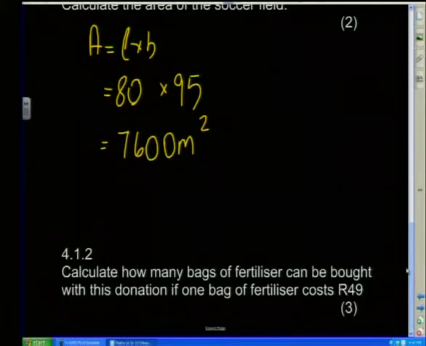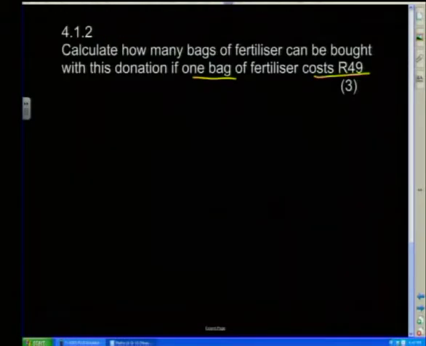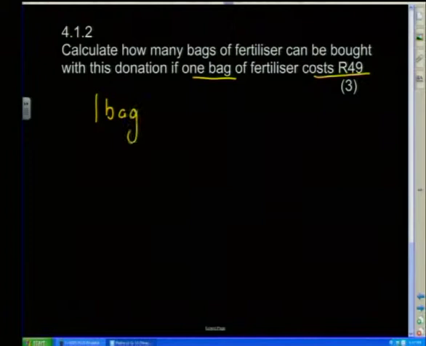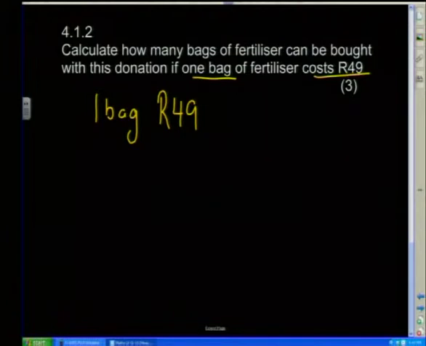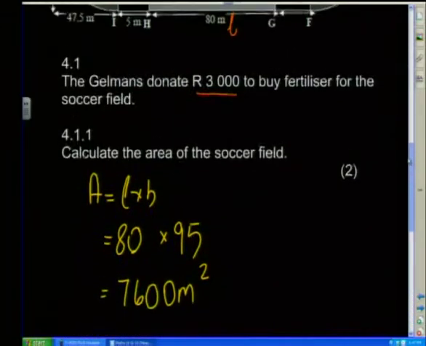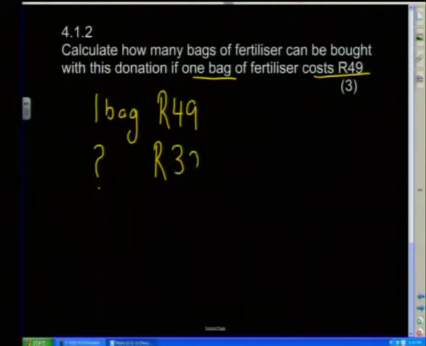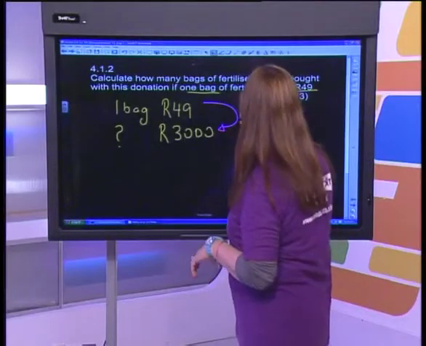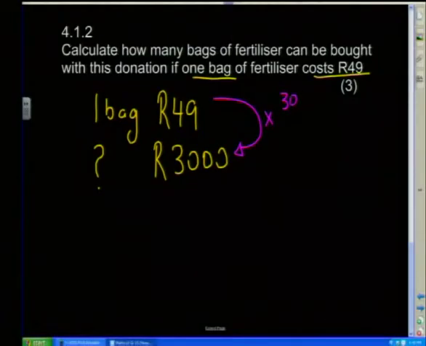The next question says, calculate how many bags of fertilizer can be bought with this donation if 1 bag of fertilizer costs 49 Rand. So we know that 1 bag costs 49 Rand. We want to know how many bags we can get for their donation of 3,000 Rand. So what we need to do here is see what we did from here to get to there. We actually times by the reverse, so we times by 3,000 and divided by 49, and we're going to do the same thing here.